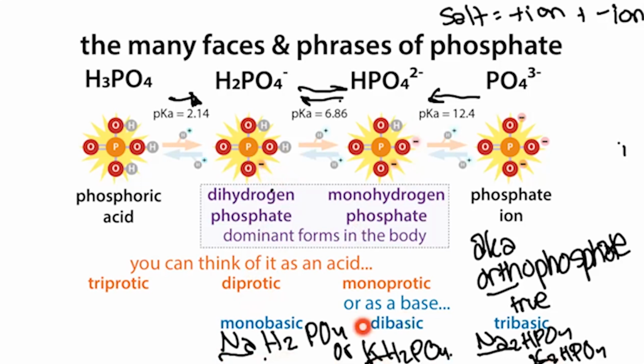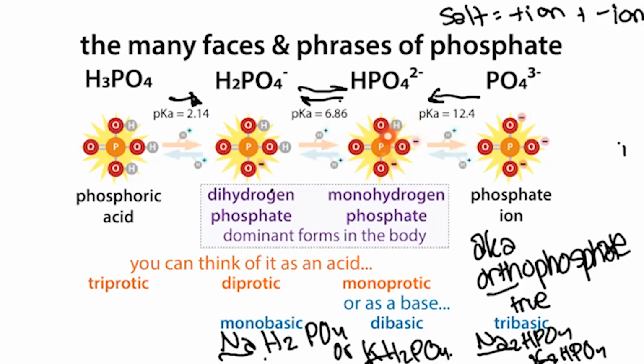And this is often going to be called dibasic because it has these two spots that are going to be able to take a proton, but right now they're being neutralized by the cation provided by the salt. And it has this one group that can act as an acid, so that's monoprotic, but it's very unlikely to act as an acid. It's very unwilling to act as an acid, and so at the pH we're dealing with, we're going to see predominantly this form.